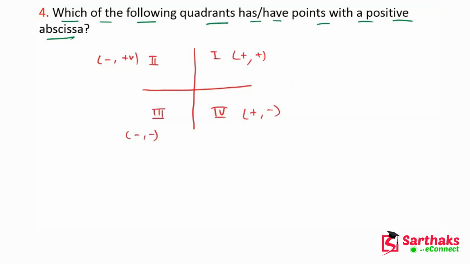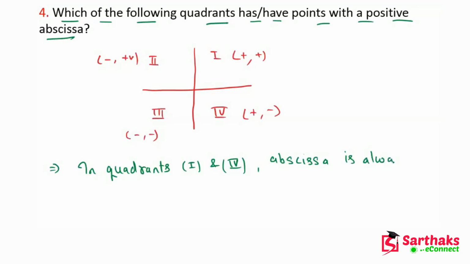So from this we can say that in the first and fourth quadrants, the abscissa is always positive, which means the x coordinate is positive.